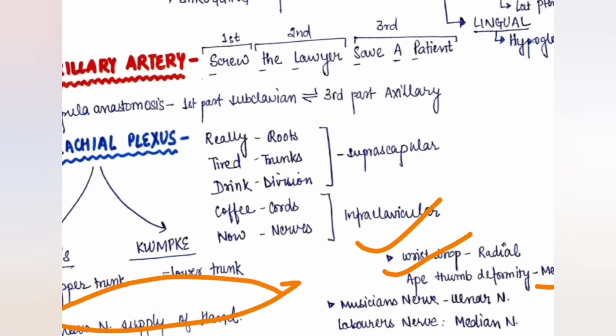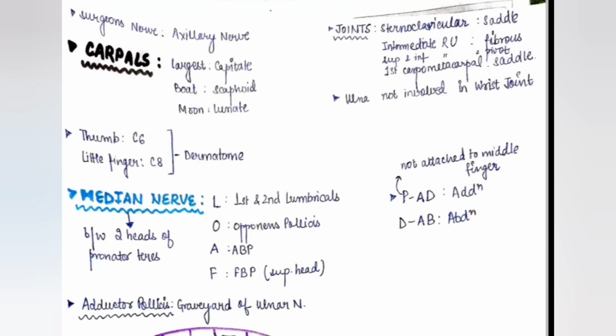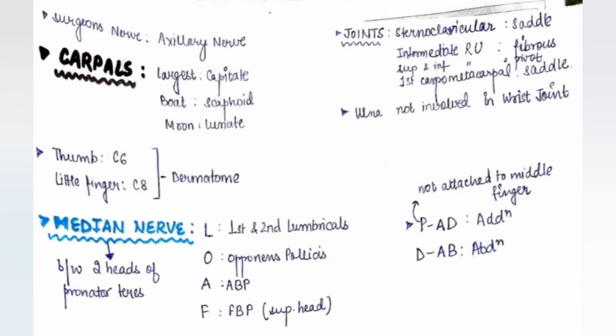And do see the diagram of cutaneous nerve supply of the hand, and remember, musician's nerve is the ulnar nerve and laborer's nerve is the median nerve. Then we have the axillary nerve, which is known as the surgeon's nerve.